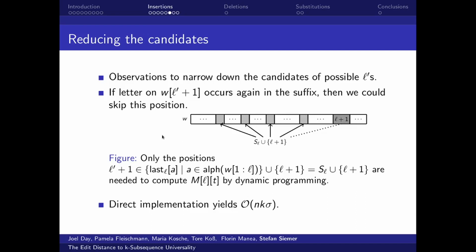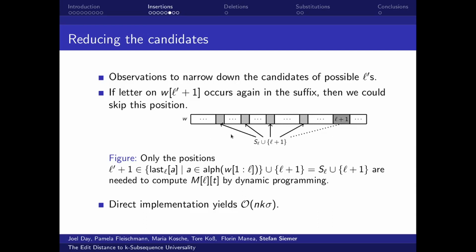The first step of improvement is that we reduce the possible candidates where we can split a prefix into its t-1 universal prefix and the one-universal rest. We select a limited number of splitting points, and these are exactly the last occurrences of each letter from the alphabet up to that point.